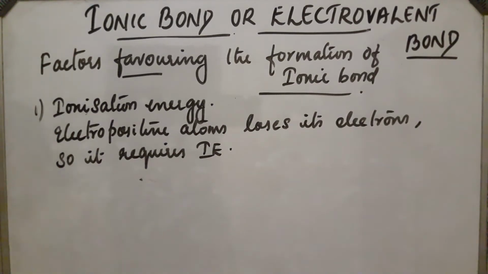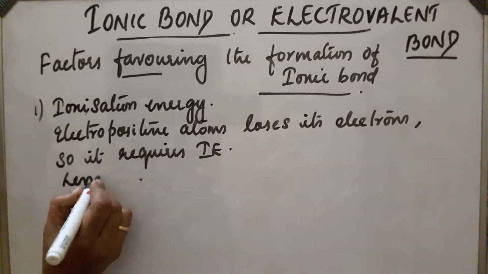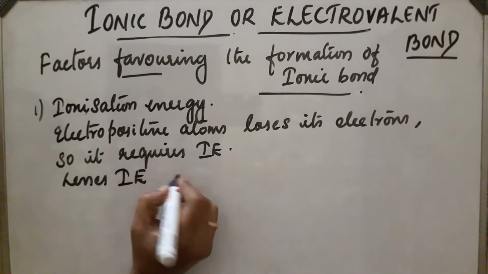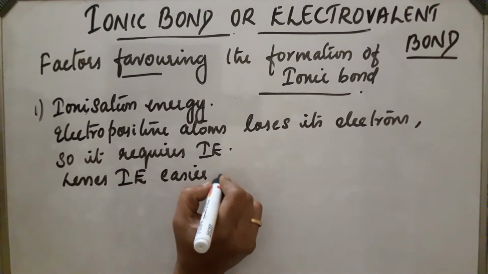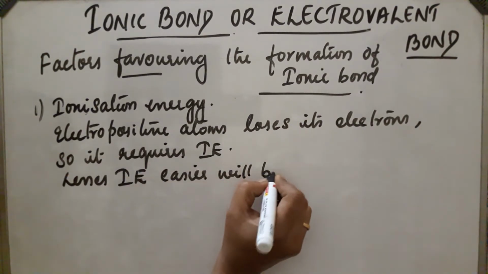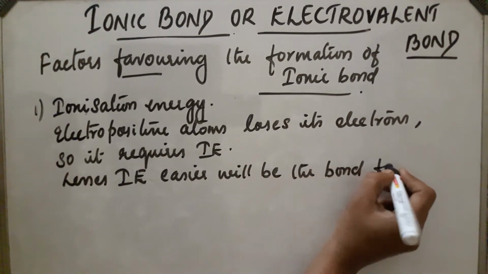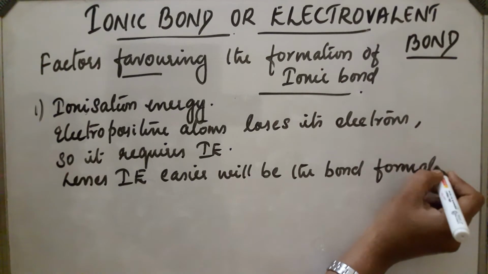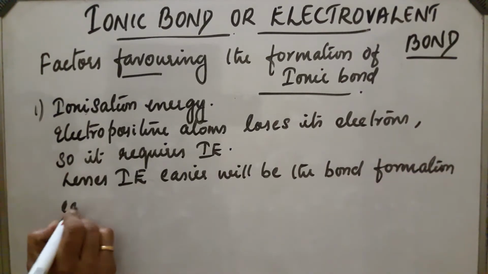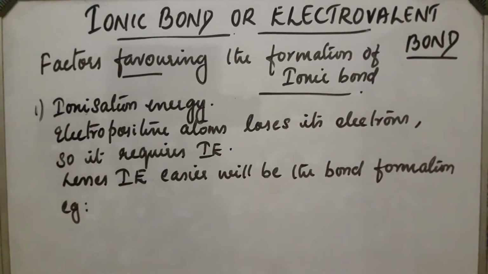So lesser ionization energy, easier will be the bond formation. Example, alkali metals and alkaline earth metals are highly electropositive.